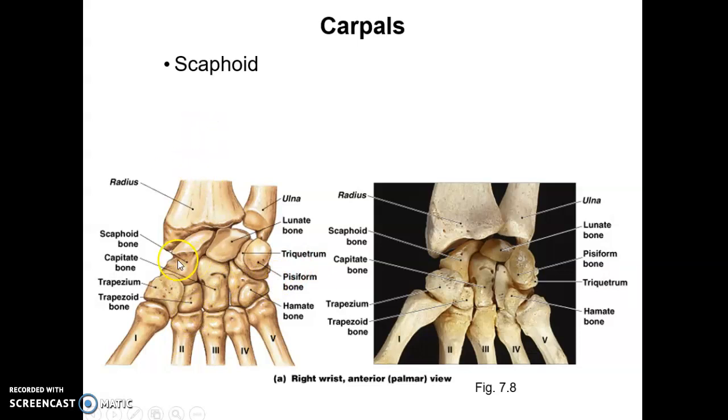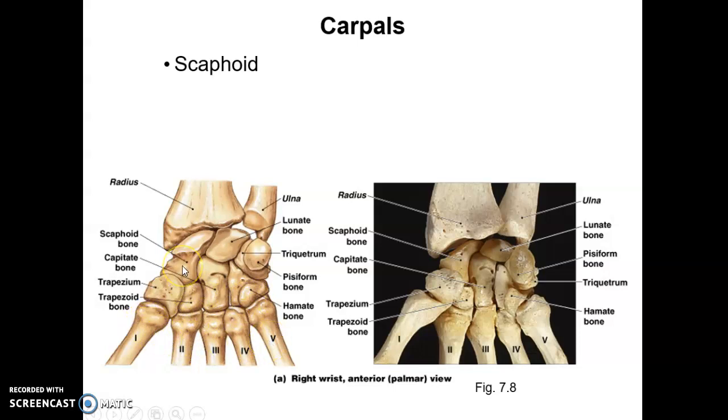So you can consider the carpals in 2 rows. Proximal row of 4 from lateral to medial, and then the distal row of 4 from lateral to medial. The proximal row articulates with the radius and ulna. The distal row articulates with the metacarpals of the palm.